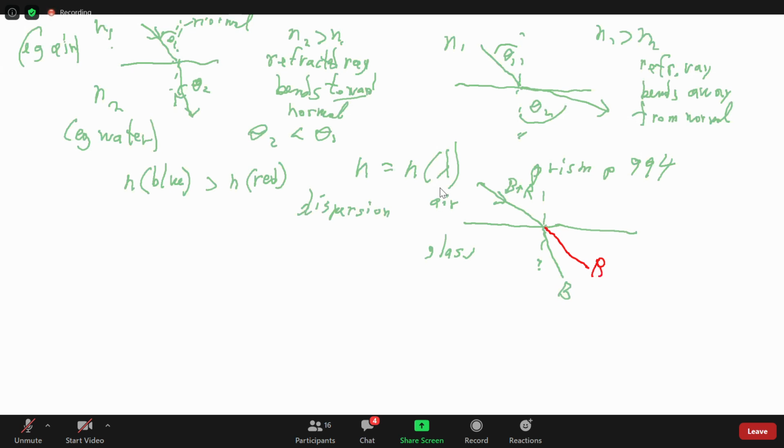All right, let's do some general cases here. There's a couple of examples I want to show that illustrate the phenomenon of refraction. So I want to start with two refracting media.